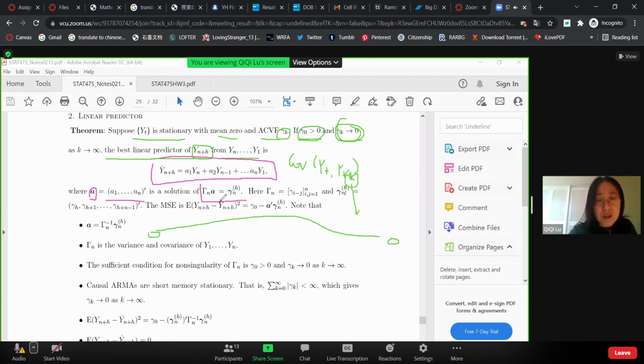This is a solution of this equation here, where gamma_n is the variance covariance matrix of y_1 to y_n. Suppose you just have three observations; then gamma_3 is the variance covariance matrix of y_1 to y_3, so this is 3 by 3.